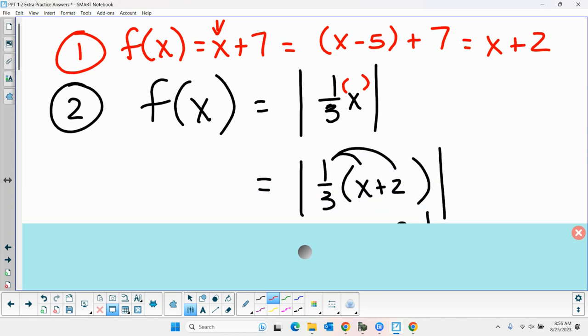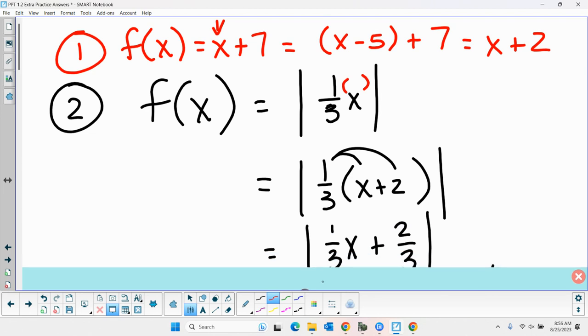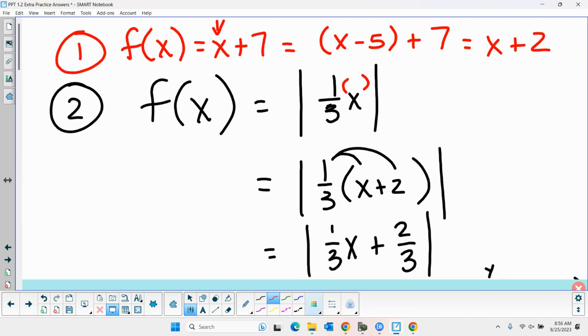Well, since this is inside the absolute value signs, the 1/3 is in there, I can distribute that 1/3. If there was a number out front of the absolute value signs, I couldn't distribute it into there. But since it's already in there, I can do that. So if you thought you couldn't do that, you can actually. So that's the answer to number 2 when it's simplified: absolute value of 1/3 x plus 2/3.